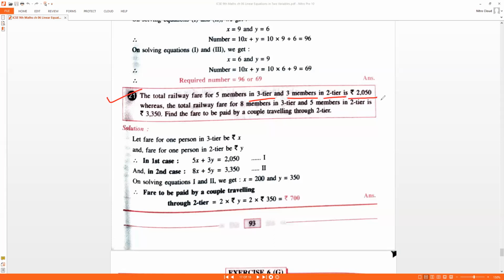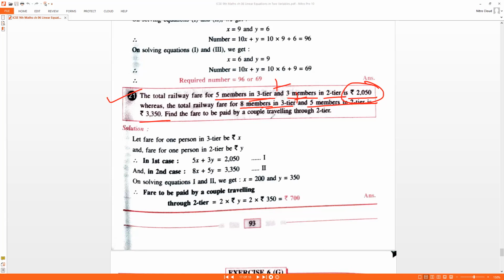Is rupees 2050. So 5 members in 3 tier plus, and means plus, 3 members in 2 tier is total rupees 2050. Whereas the total railway fare for 8 members in 3 tier plus 5 members in 2 tier is rupees 3350.